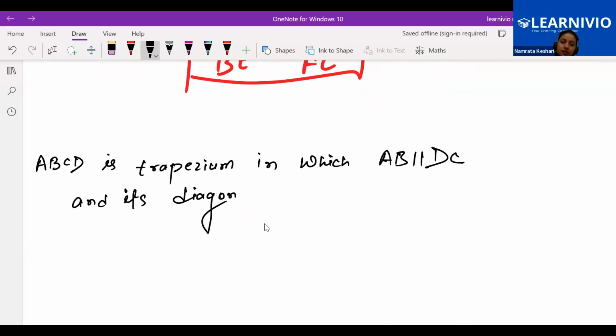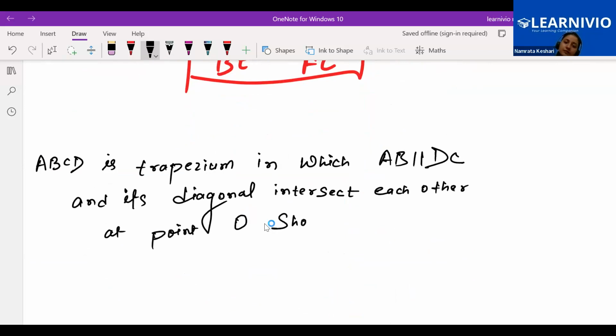And its diagonals intersect each other at point O. Show that AO by BO is equal to CO by DO. Let me draw the figure, as the figure is not given.